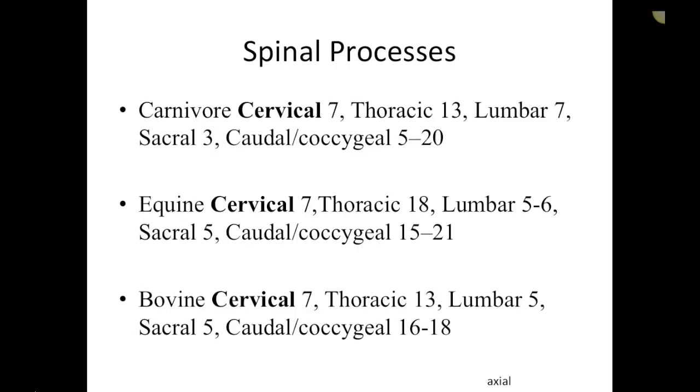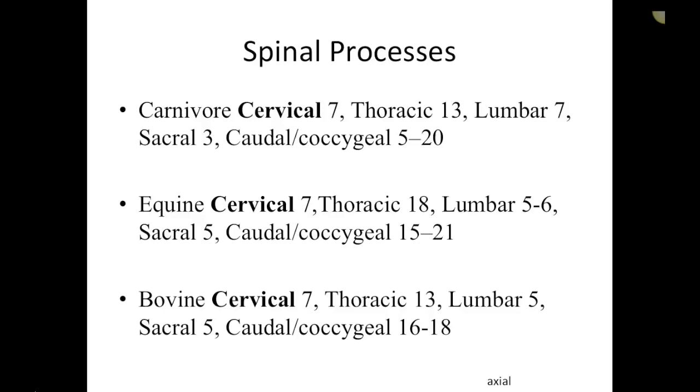when we open up those words, it means carnivore, cervical 7, thoracic 13, lumbar 7, sacral 3, caudal or coccygeal 5 to 20. And what the heck is this? Well, this identifies the various sections of the spinal column and how many individual vertebrae are in each section.